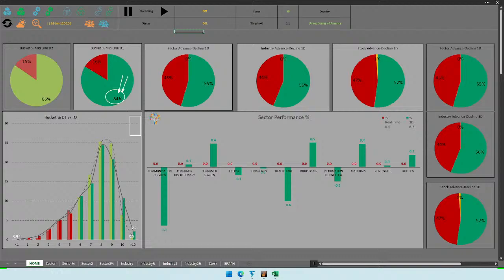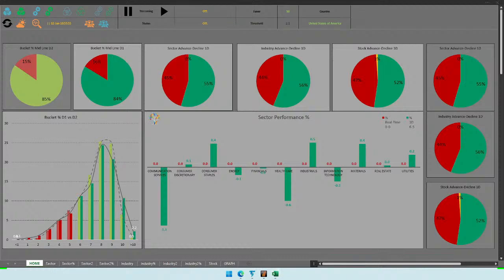Bucket analysis becomes overbought when the percentage of stocks in the most extreme bucket here hits 30%, 40% or so. Currently, it is only 2.2%. So it has become bullish, but nowhere near overbought. It's not giving any trading signal from this perspective.